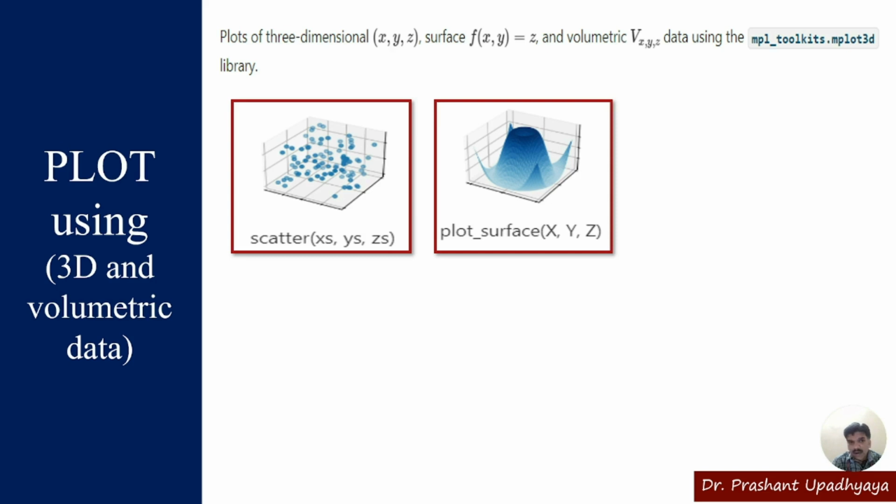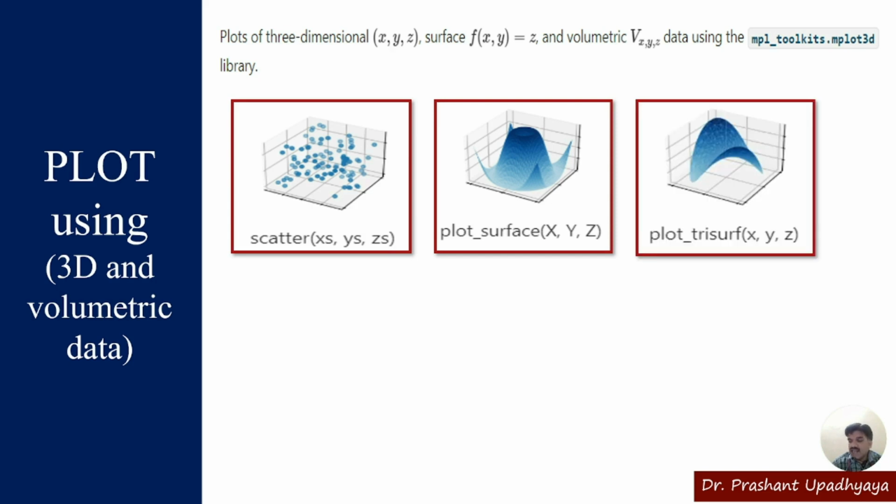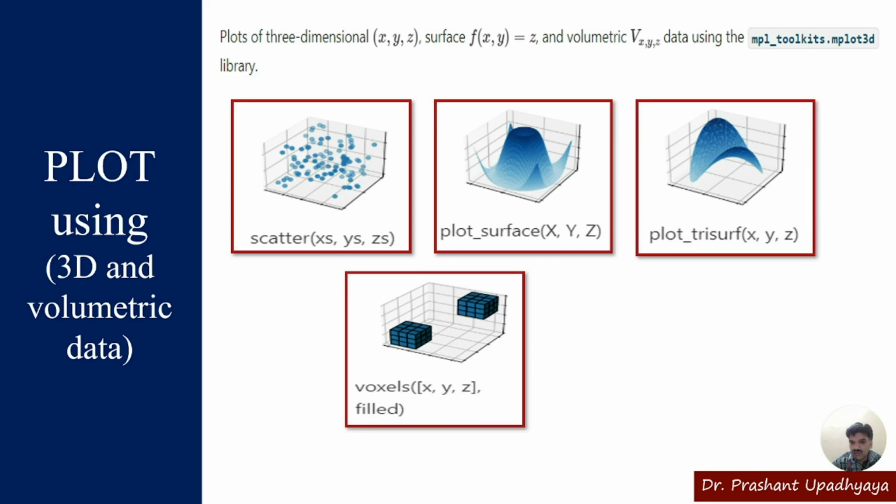We have a scatter plot with x, y, and z coordinates, plot_surface, plot_trisurf, and voxels.